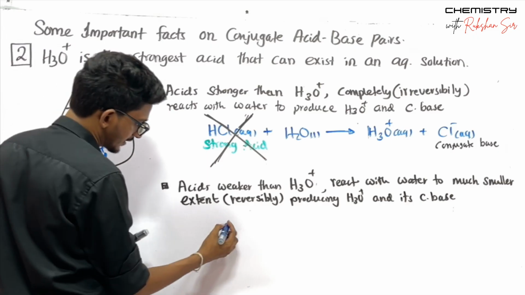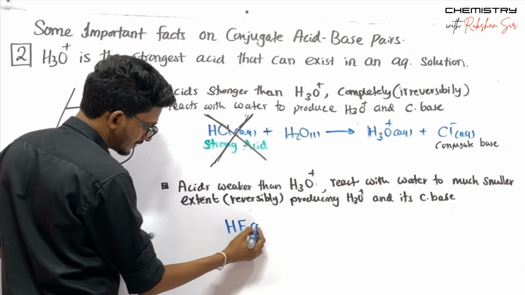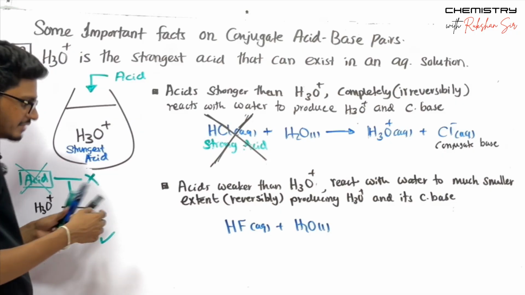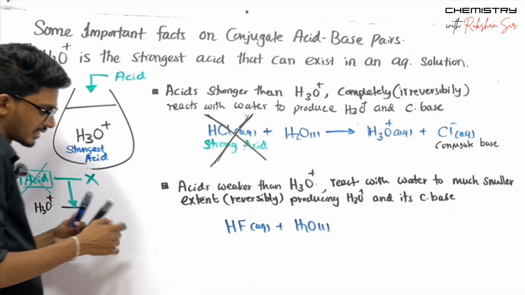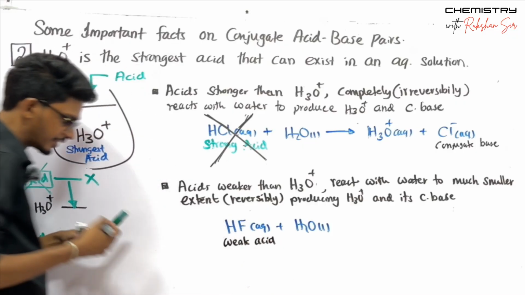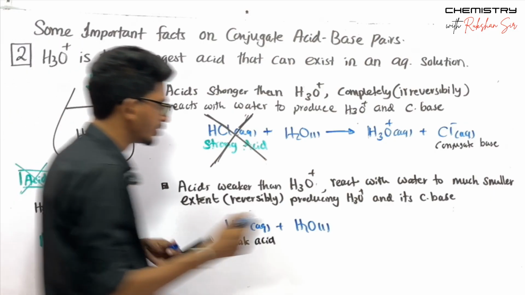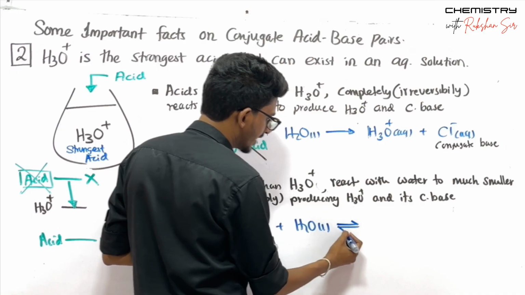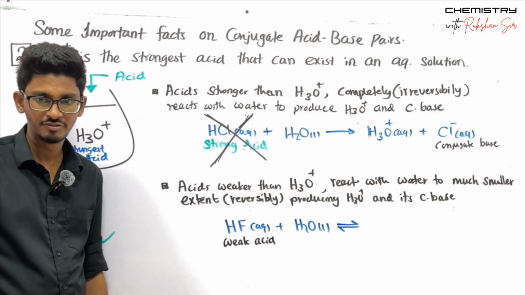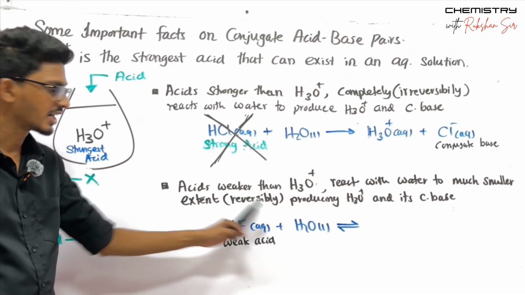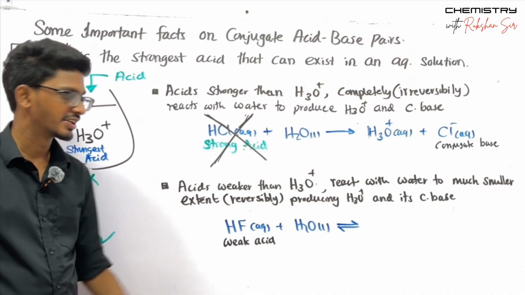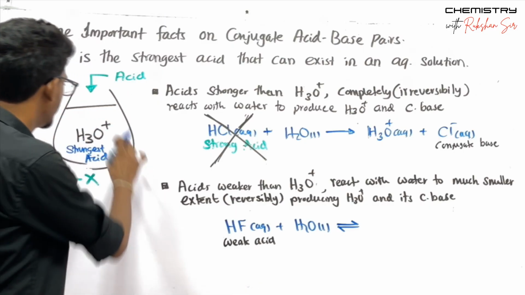Let's consider such a weak acid. HF is a weak acid, with a hydrolysis reaction. As it is a weak acid, it is not going to react completely. Very few molecules will react, like 4 or 5 molecules out of 100. Most of them, about 95%, will appear in the aqueous medium without reacting.